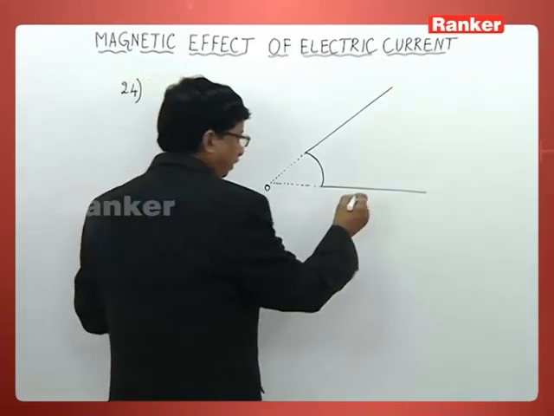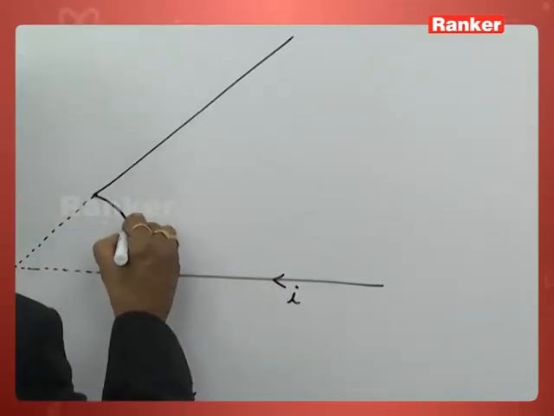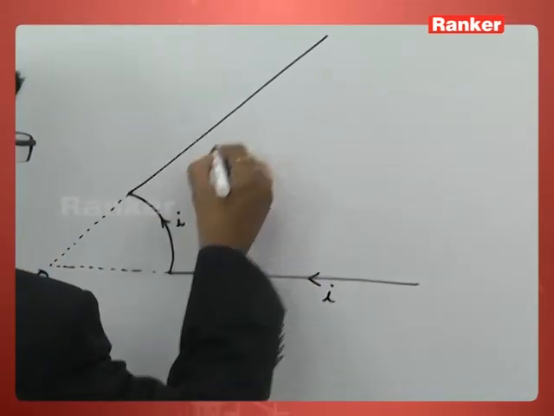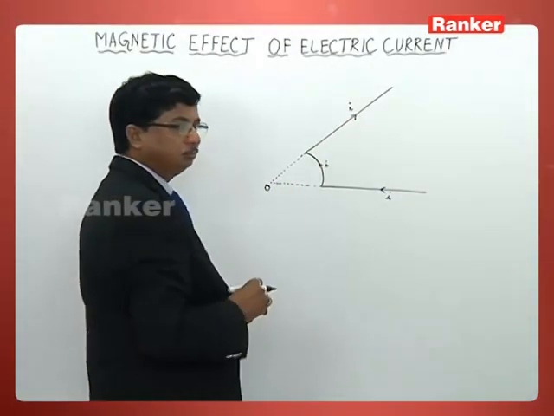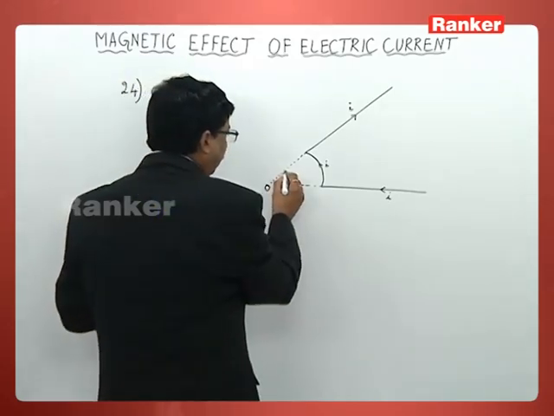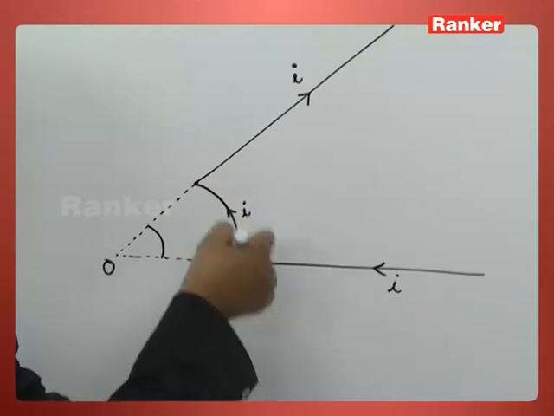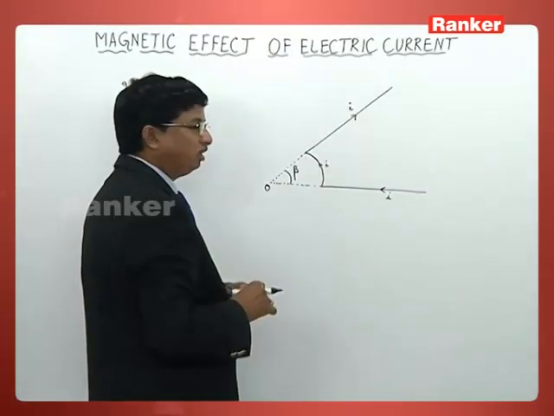And he said in the problem, current I is just entering this way and leaving the system like this. He has mentioned that this angle, which the curve is making at this point, is given as beta.